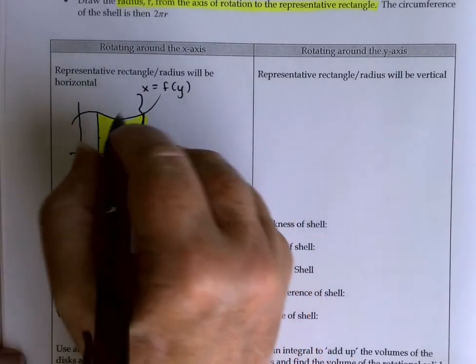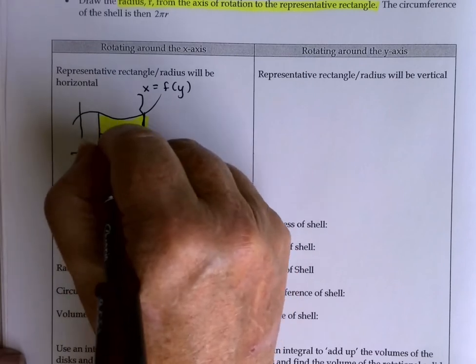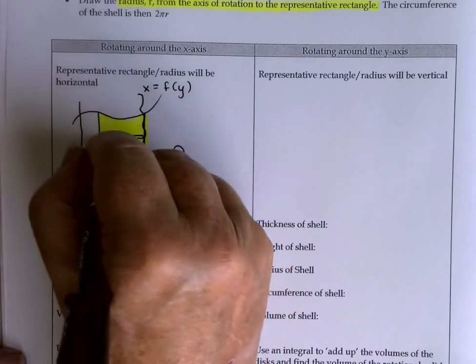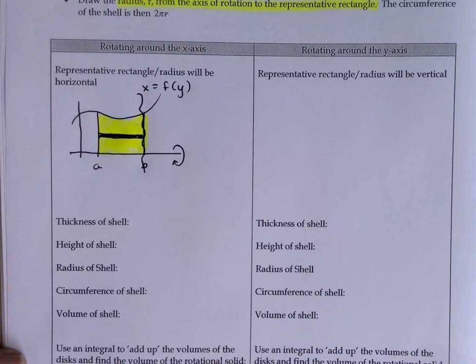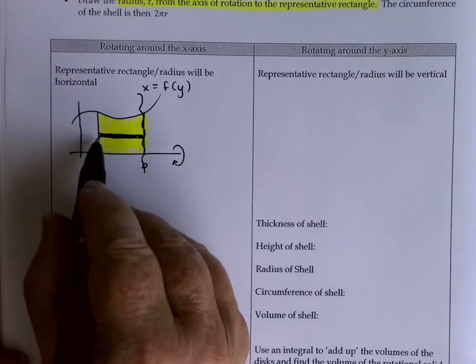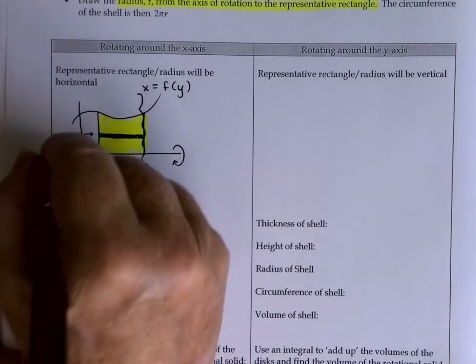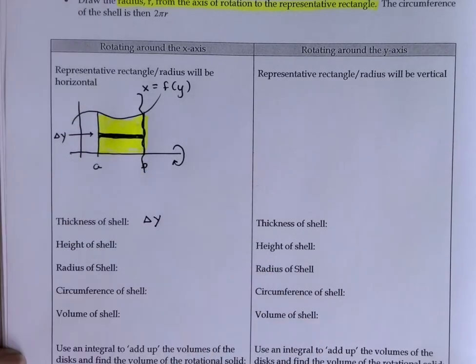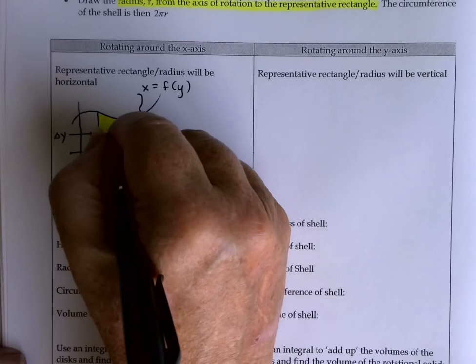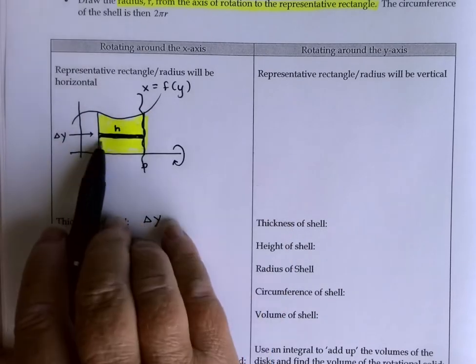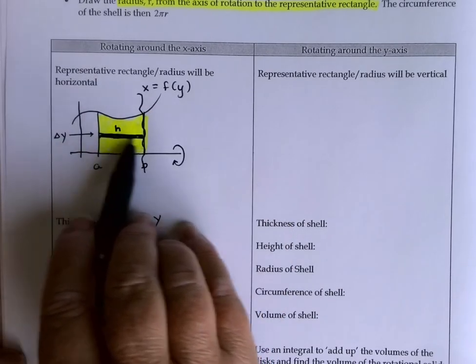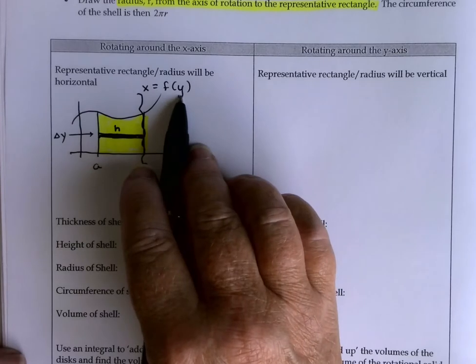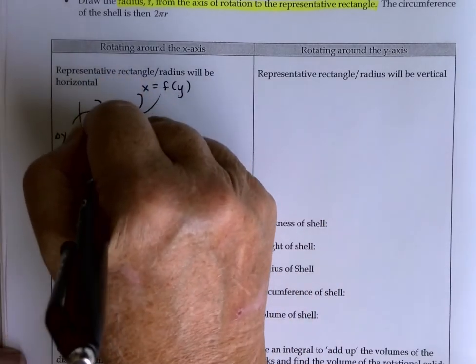We would be able to say then that drawing our rectangle parallel to the axis of rotation would give me a thickness, delta y. The height of my shell is actually going to be the length of that rectangle, which I could have another function over here.